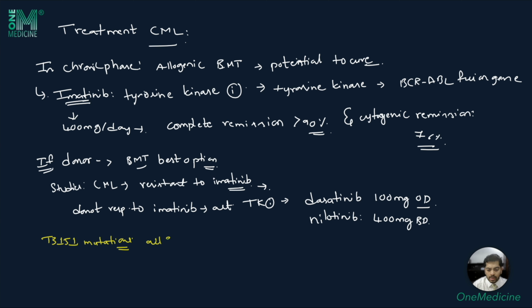Resistance to all three tyrosine kinase inhibitors is seen. In such patients, ponatinib in the dosing of 45 mg per day is given.